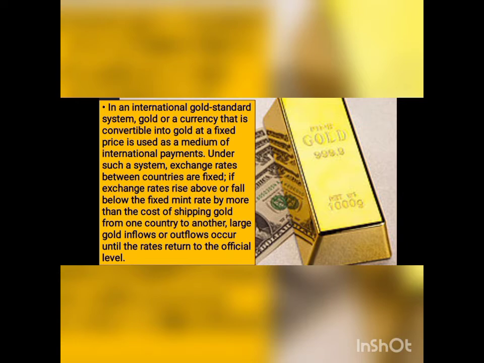Under such a system, exchange rates between countries are fixed. If exchange rates rise above or fall below the fixed rate by more than the cost of shipping gold from one country to another, large gold inflows or outflows occur until the rates return to the official level.